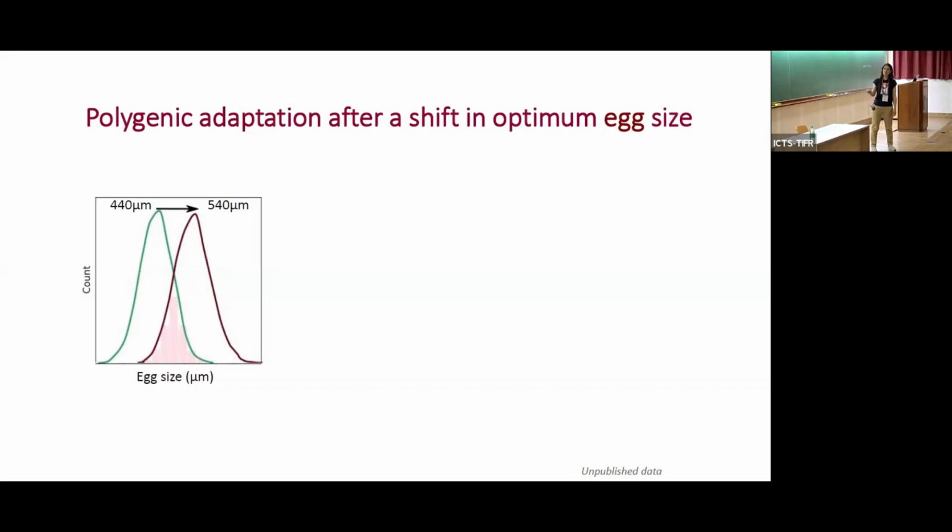And we decided to use the standard deviation of the distribution of the trait as the standard deviation of the new fitness function, and we moved the trait optimum one standard deviation. And that means that we wanted the average egg size to go from 440 micrometer to now be 540.